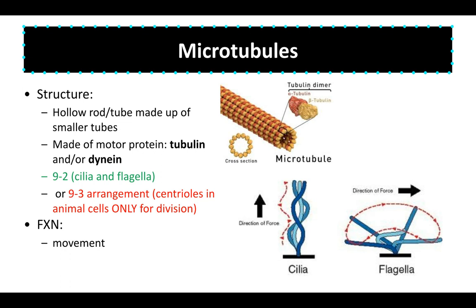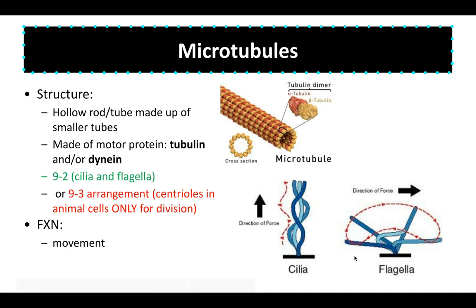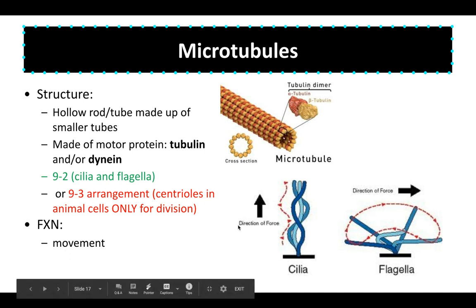Cilia beat, flagella rotate. And so we find cilia and flagella on lots of different kinds of cells. We'll see a few of those towards the end of this notes packet. But what's important here is what is in the green.